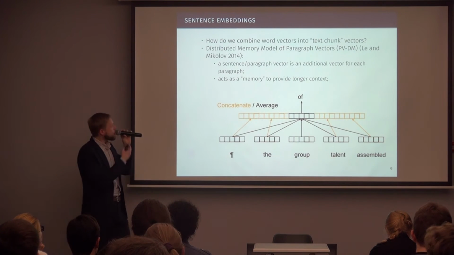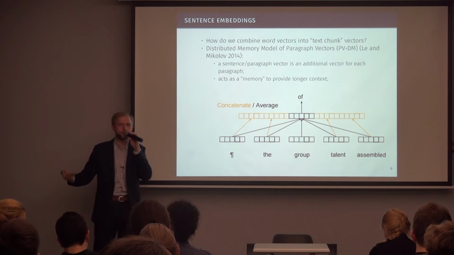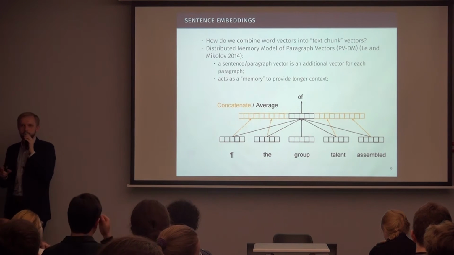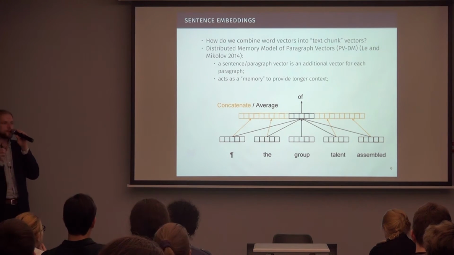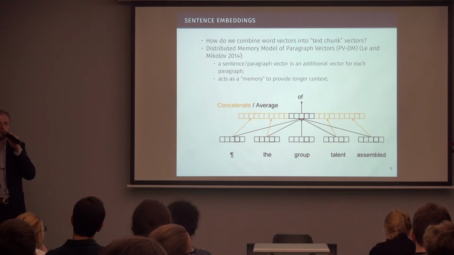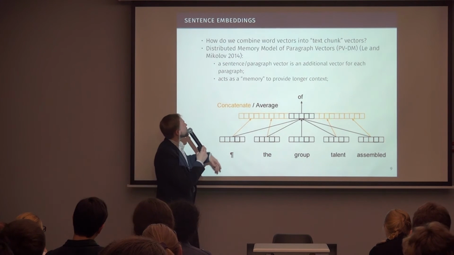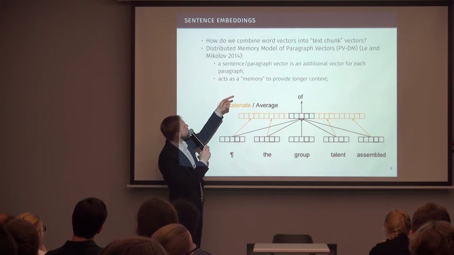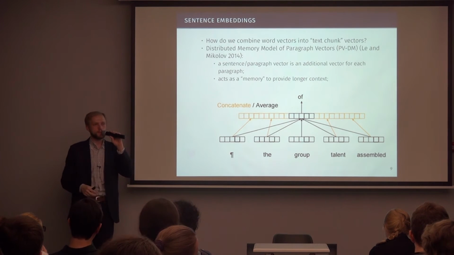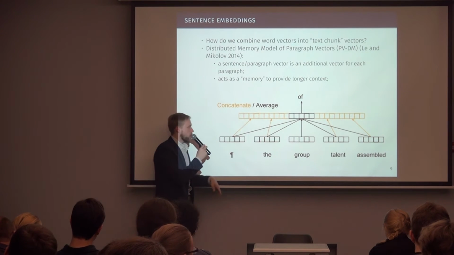Okay. The next idea, which was actually suggested in the original papers on Word2Vec, is to train additional vectors that will capture not the local context, but the global context of a paragraph or of a text chunk. For instance, this is what is called the memory model of paragraph vectors. Okay, and this is from one of the original Tomas Mikolov's papers. It works as follows.